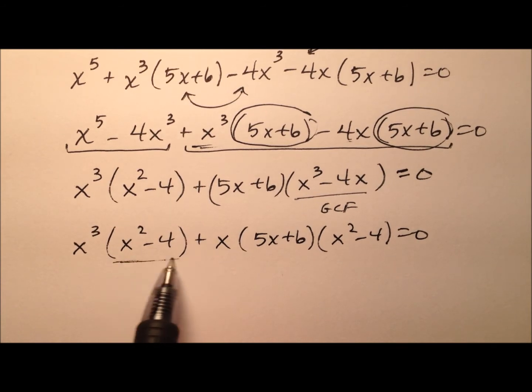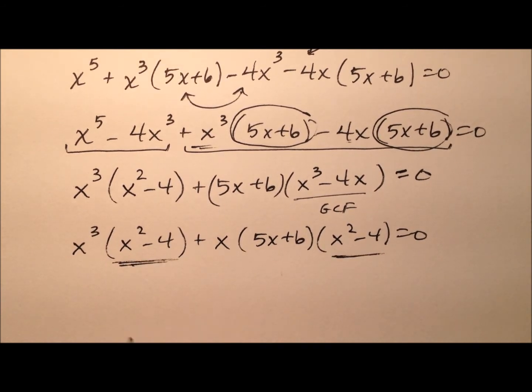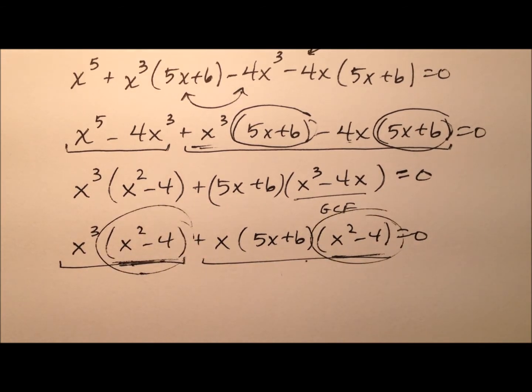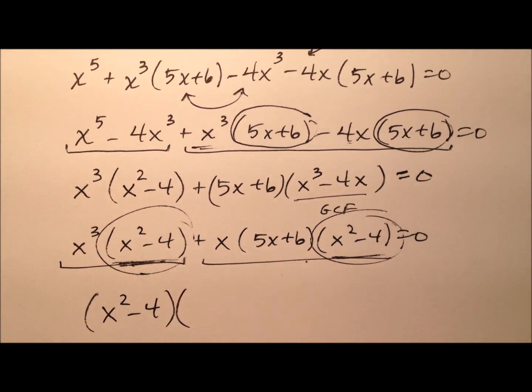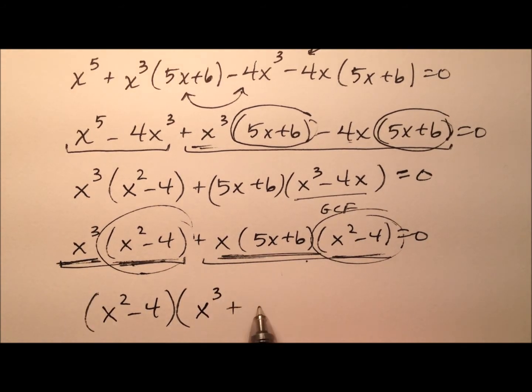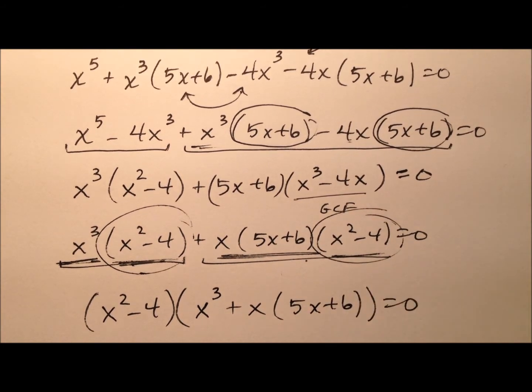Well, here I have an x squared minus 4, and here I have an x squared minus 4, and I'm working with just two terms. So let's factor out this x squared minus 4. So what will I be left with? Well, I'll have the x cubed from right here, and then I'll have plus x times 5x plus 6.